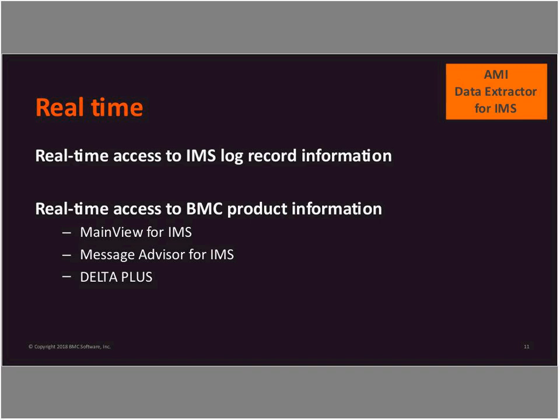So let me talk about some of our real-time access. We provide real-time access to IMS log records. I sort of alluded to that, but we're also providing you some real-time access to some BMC products that you may be aware of. MainView for IMS is the industry standard for keeping an eye on your IMS. Everyone who's used MainView knows that it gives you insights into what's going on in your system.